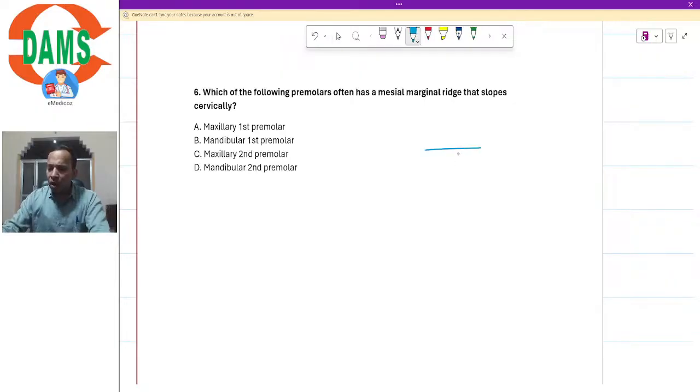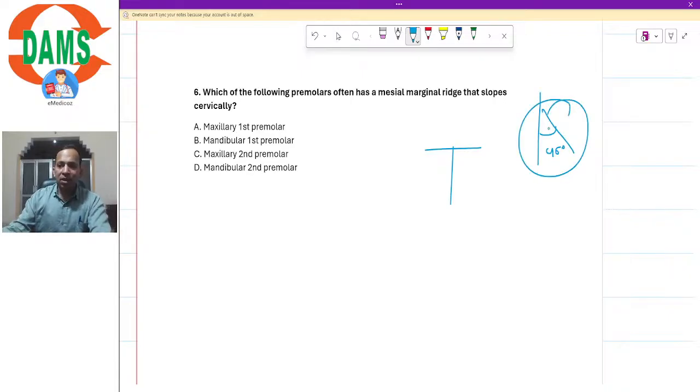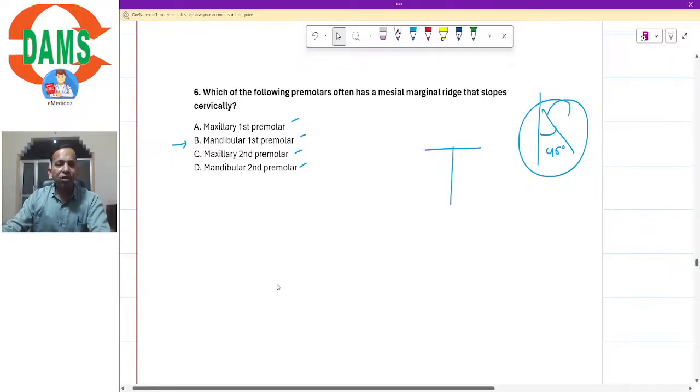As I've told you, in the premolars, the marginal ridges are perpendicular to the long axis, except in one of the premolars where it slopes at an angle of 45 degrees, just like the anteriors. This is an exceptional tooth. Which tooth is this? कौन सा दांत है ये? Maxillary first premolar, mandibular first premolar, maxillary second, or mandibular second. So which of these is the correct answer? It is again the mandibular first premolar, right?